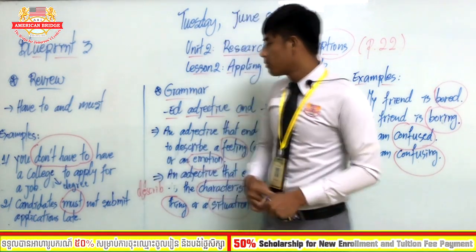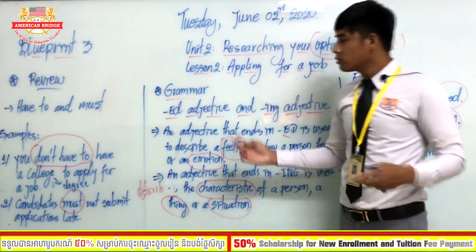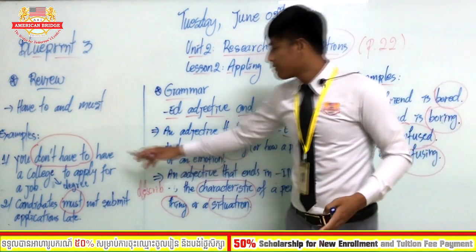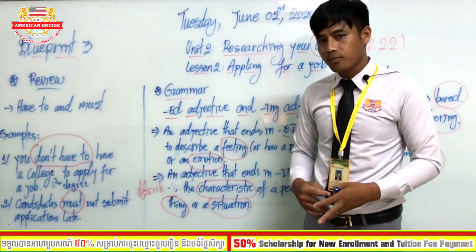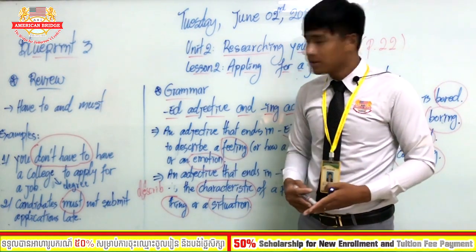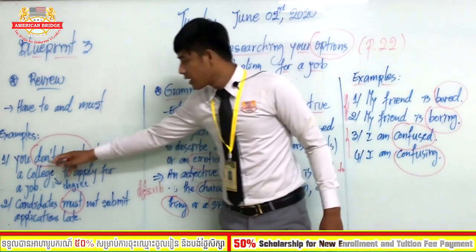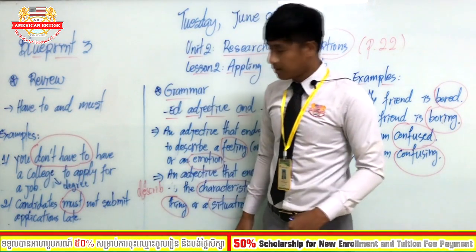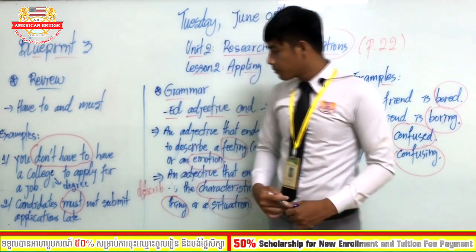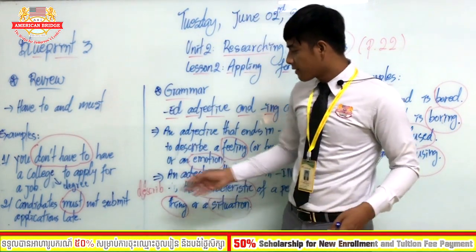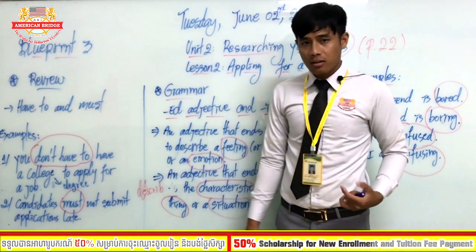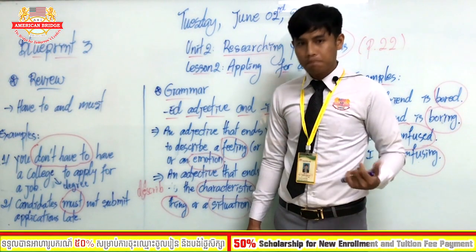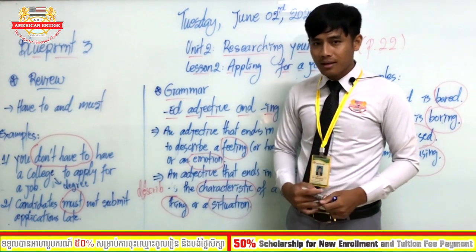Look at example 1. You don't have to have a college degree to apply for a job. That's not necessary, right? Because we use don't here to make this sentence negative. Look at number 2. Candidates must not submit applications late. This is the rule. Now you got this? Good.